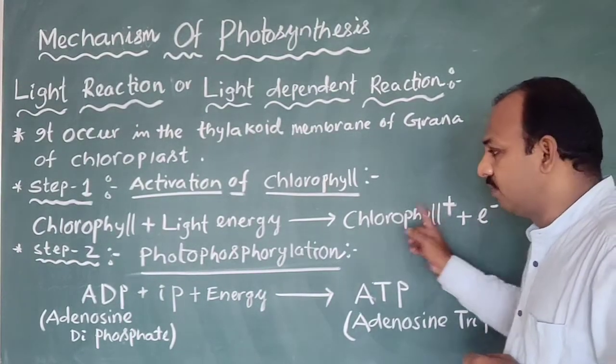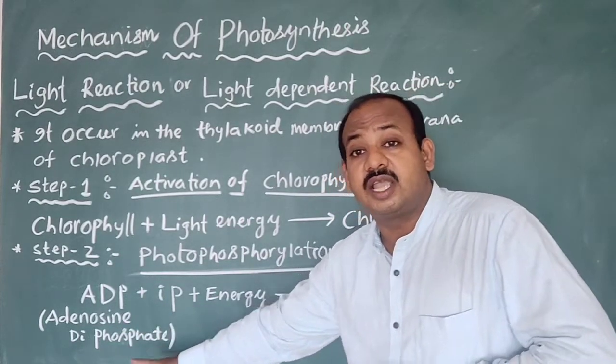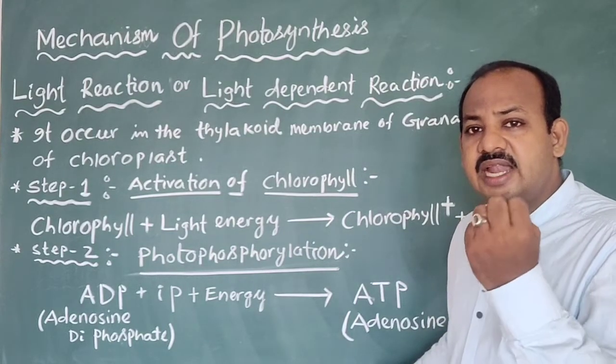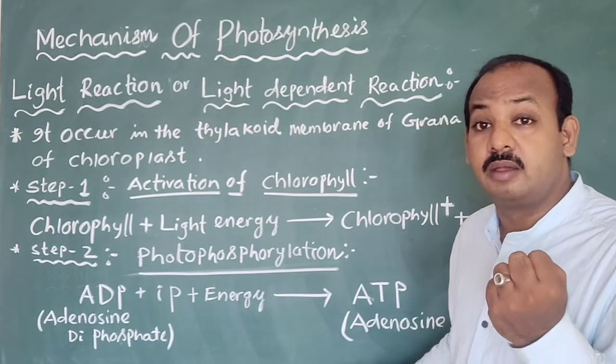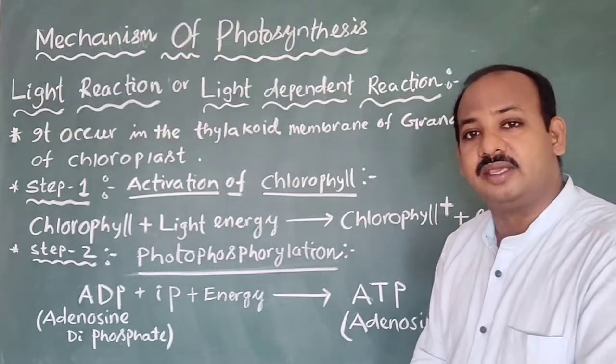This energy is trapped by adenosine diphosphate and inorganic phosphate to make a highly energy rich molecule, also called assimilatory power. That is the energy, that is ATP.